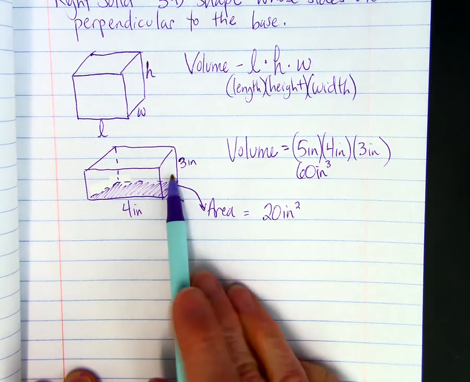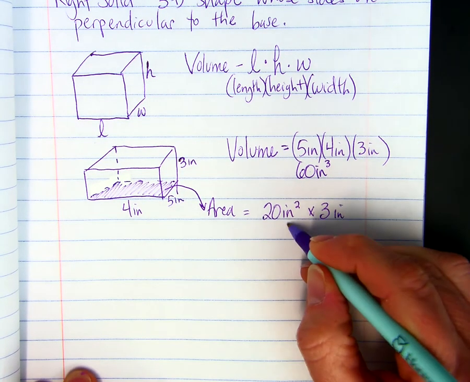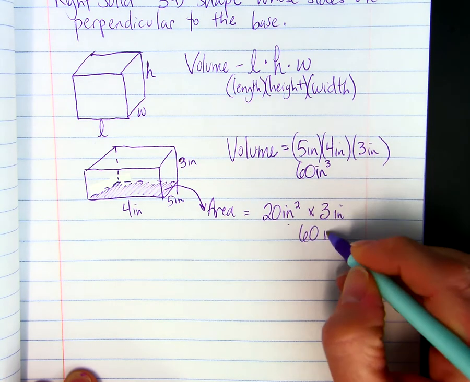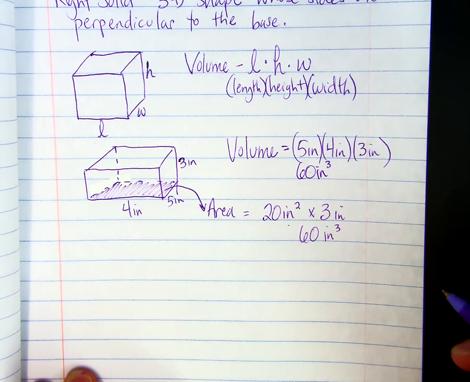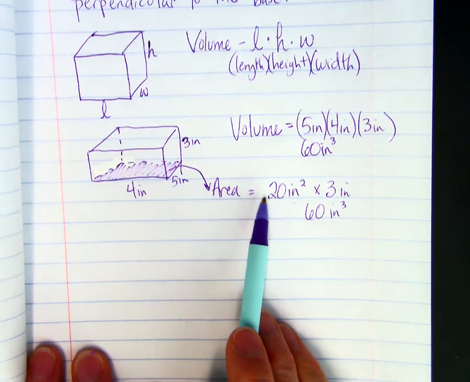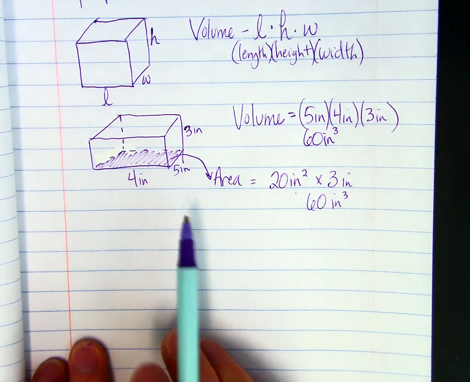Now when we times it by 3, we get our volume. So what you can do for any right solid is take the area of the base and times it by the height.